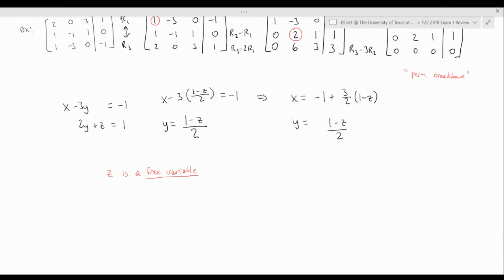There are a couple of slightly different ways that people do this next part, but the way that I personally like to do it is, since z is a free variable, I'm going to assign to z a parameter, so basically another variable. I tend to use r, s, and t for my parameters, but you can use any other letter other than x, y, z, since we're already using those in the problem, okay? All right, so I'm going to assign z equal to some variable t. So t can be any real number.